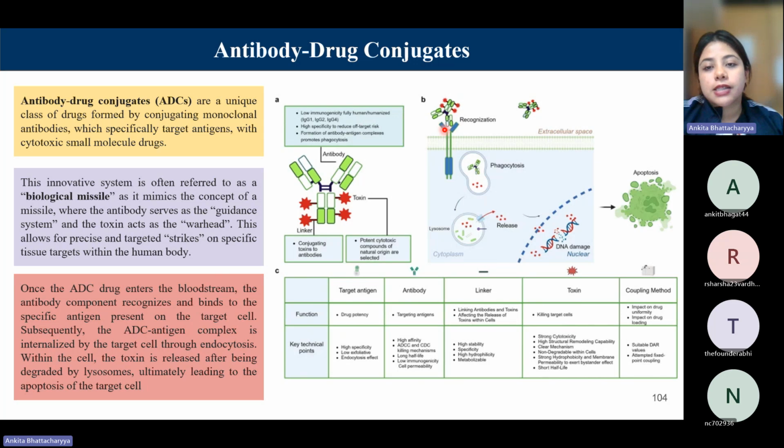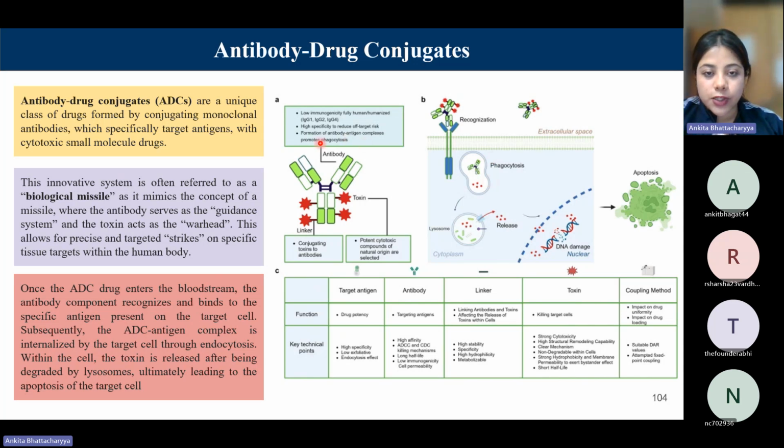So once this antibody, this is just a schematic representation. This is not how an antibody binds. If you've studied immunology, you know already. But just for understanding's sake, you can see that the antibody has recognized its specific antigen on a target cell. And as a result of that, it is undergoing phagocytosis. Phagocytosis means it is getting engulfed into the cell.